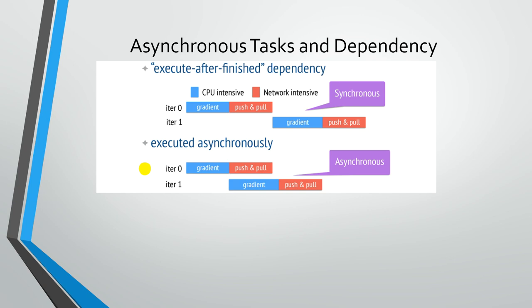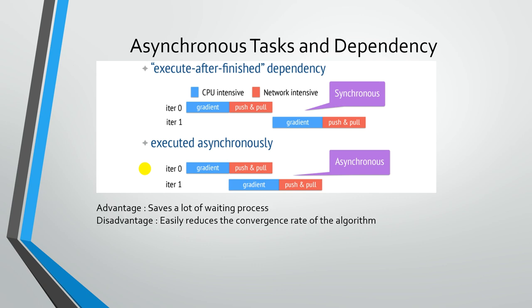That means iteration 1 needs the result from iteration 0 to perform its task. An asynchronous task can improve the efficiency of the system because it saves a lot of waiting, but its disadvantage is that it is easy to reduce the convergence rate of the algorithm. It will take more time to converge.